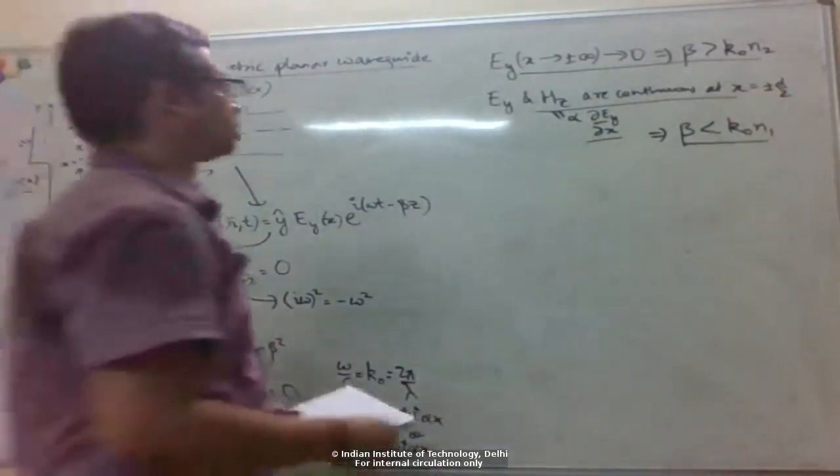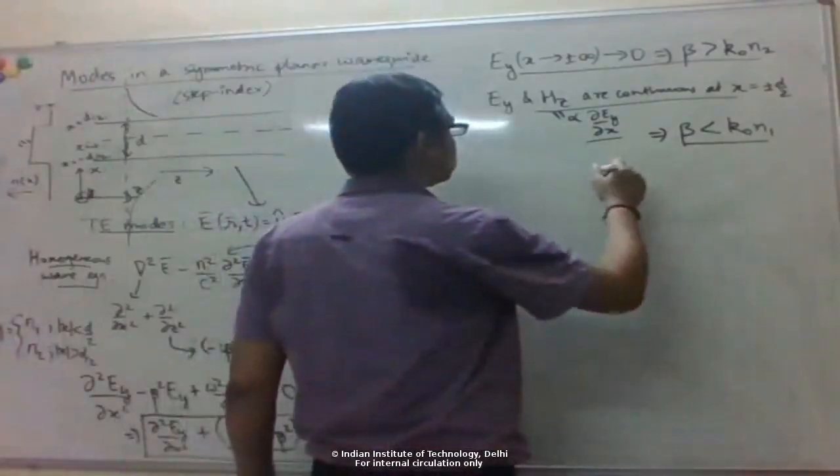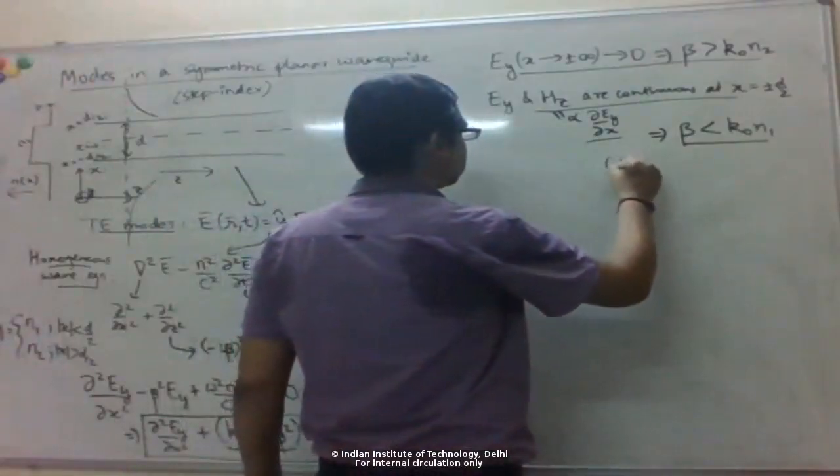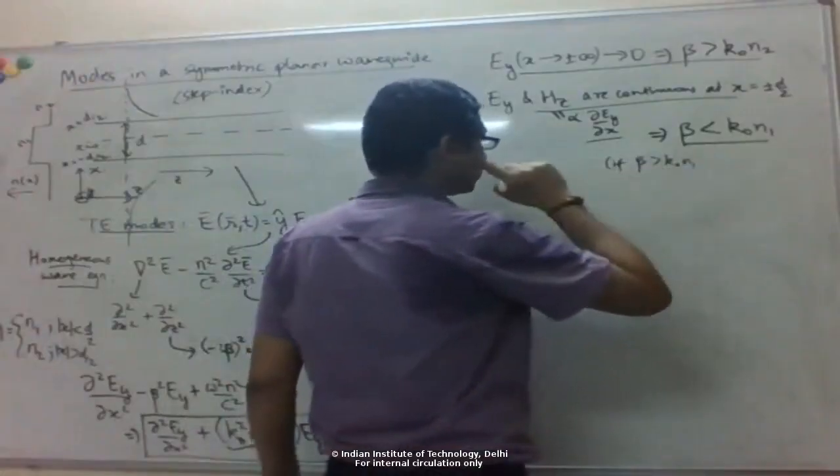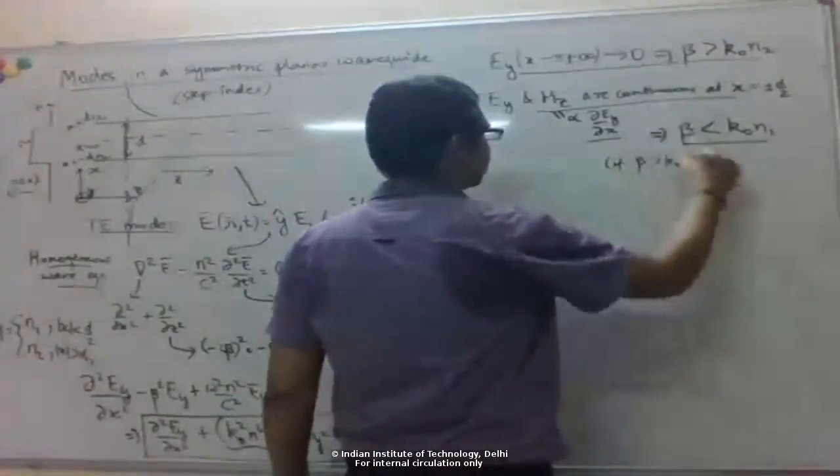Okay. You can check yourselves that if beta becomes greater than k naught n1, then these cannot be satisfied.